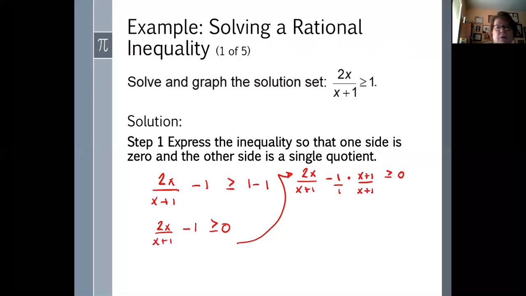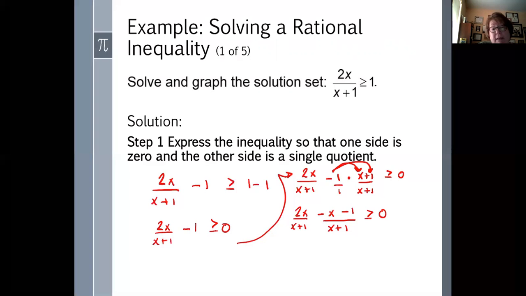All right, so now I'm going to carry out that multiplication. I have 2x over x plus 1. I have a negative here, so that's going to be minus x. Negative 1 times positive 1 is minus 1. I have to distribute that negative across all the terms in that numerator. All right, now I can combine like terms. The denominators are the same, so I can add the numerators.